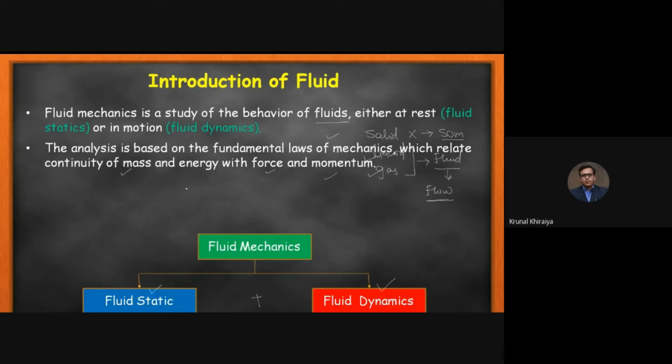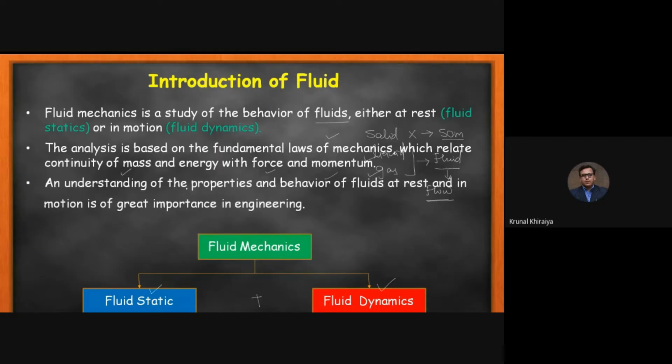Liquid and gas are treated together as fluid because they can flow, whereas a solid cannot. Under these conditions we analyze the fluid at rest as well as in motion, and understanding the properties and behavior of fluid at rest and in motion is of great importance in engineering.